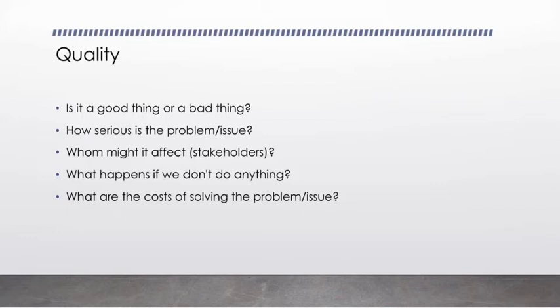Which leads me to my next question. What happens if we don't do anything, right? You can write an argument about why we need to take action, because if we don't take action, calamity could happen, right? Look at climate change, right?